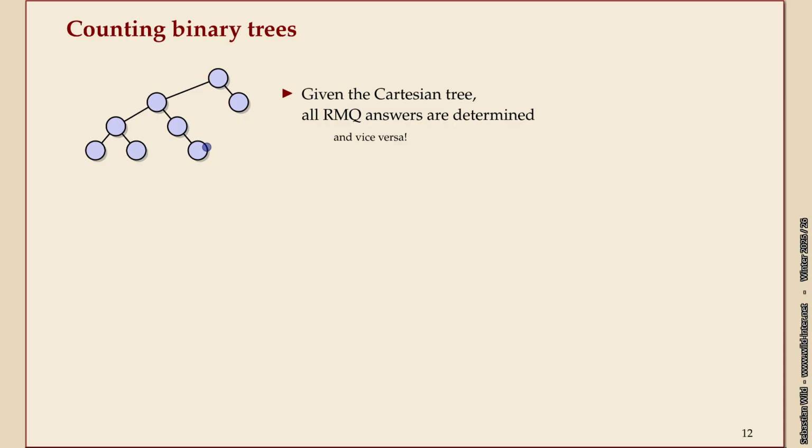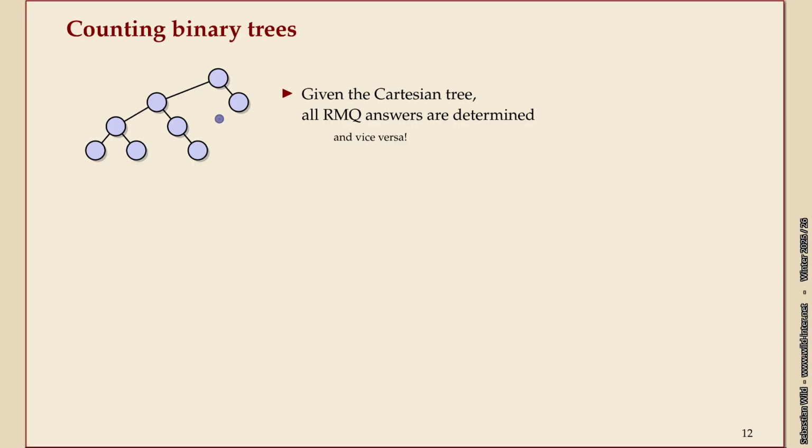So the two are exactly equivalent: knowing all answers of range max queries or knowing the Cartesian tree of an array. That also means I can count binary trees to count how many different options I have to answer range max queries.